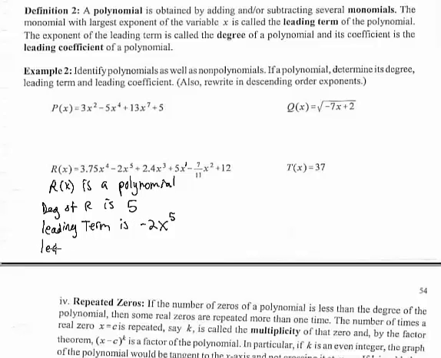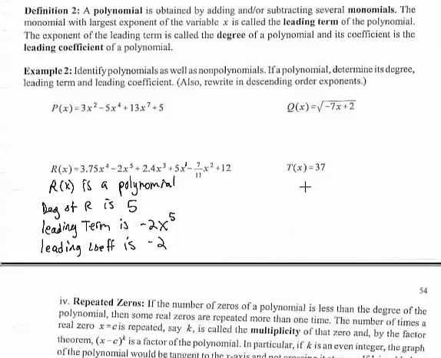And then what is the leading coefficient? Well, it's a negative 2. It's simply the number factor of the term, negative 2, or basically the number that sits in front of the variable.